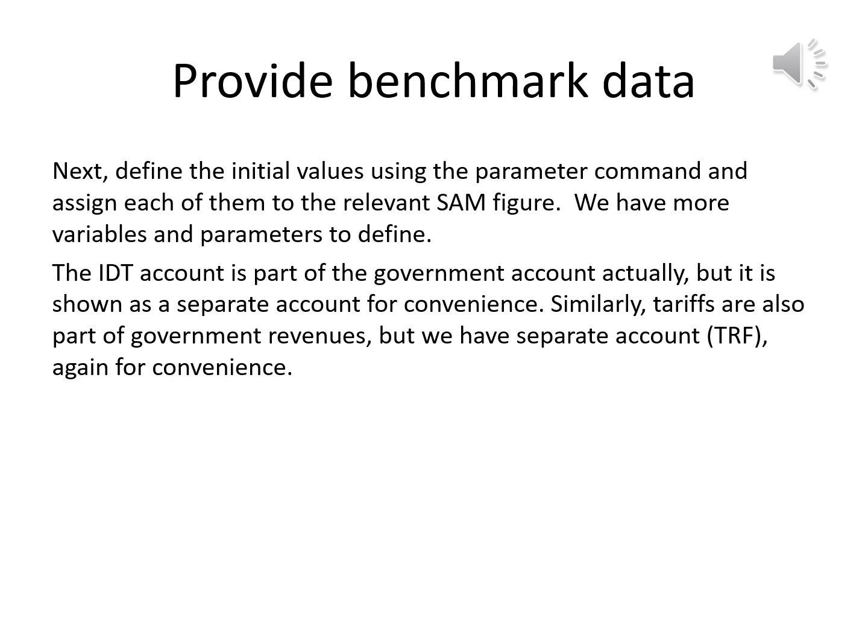So we have these two artificial accounts, IDT and TRF, only for that purpose, as these accounts exist only for the reason that we want to be able to map them later on when we are providing benchmark data.